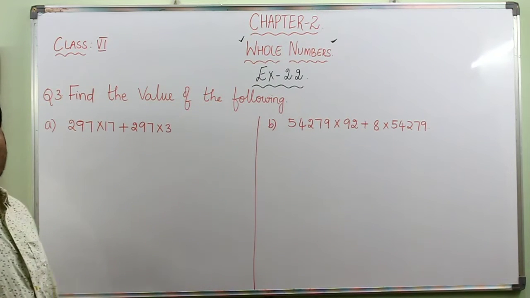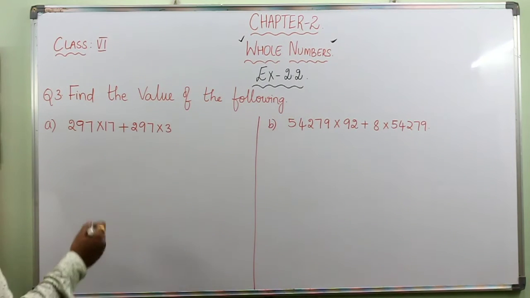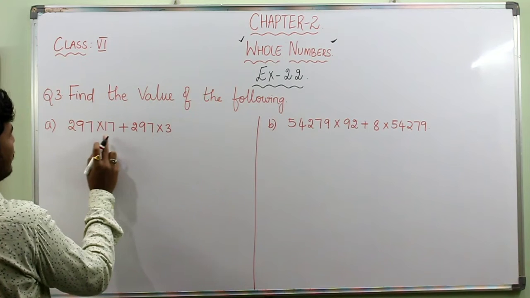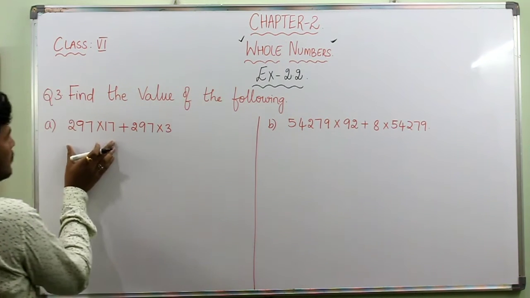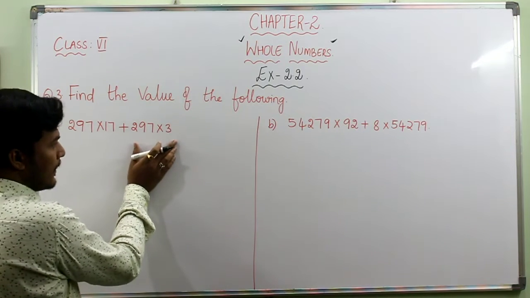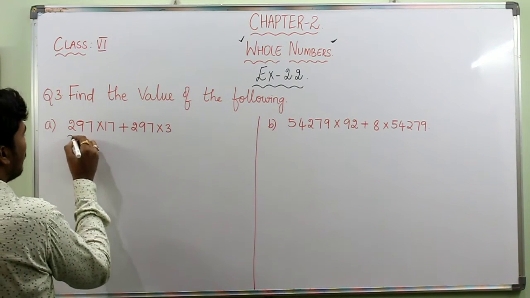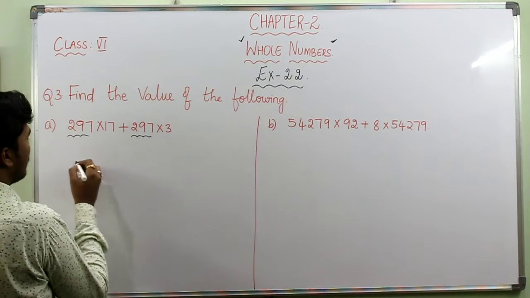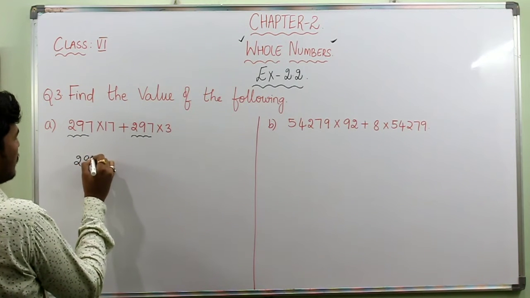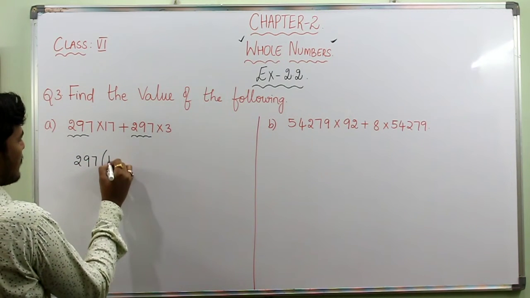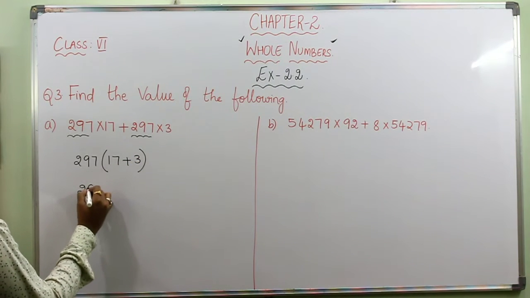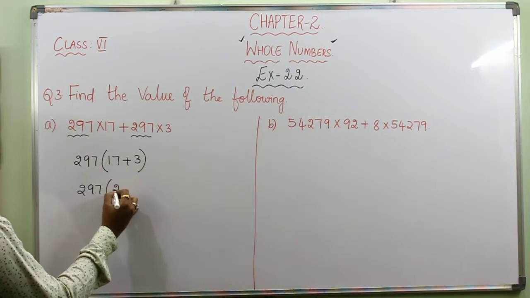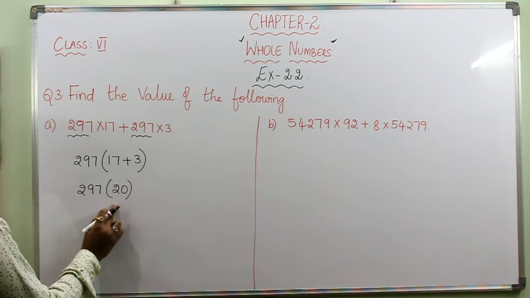Now the third question, find the value of the following, that is 297 into 17 plus 297 into 3. They are like the properties, which you can write as, in both of the terms I can take 297 common, then 297 into 17 plus 3. 17 plus 3 is 20, right?